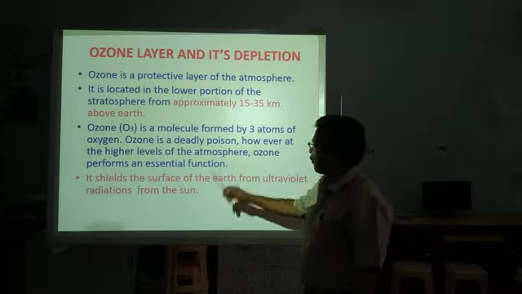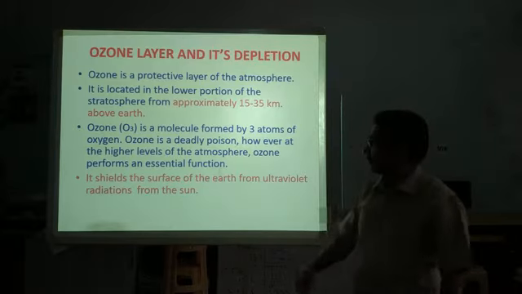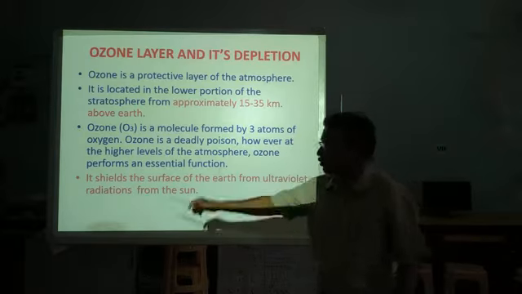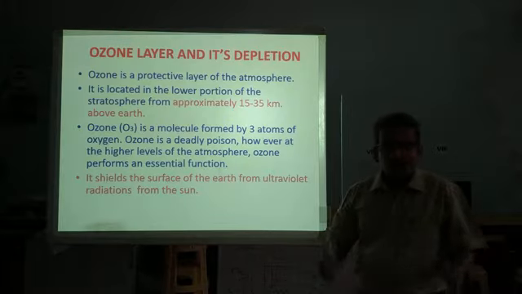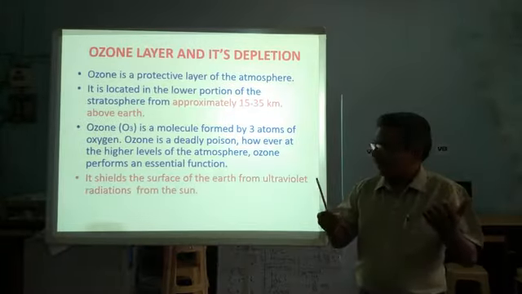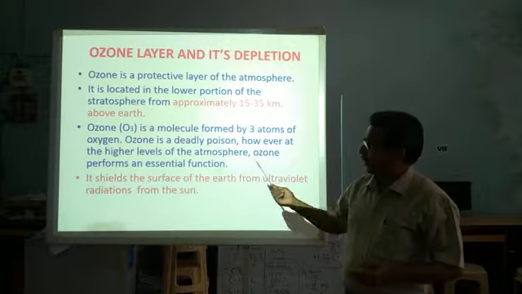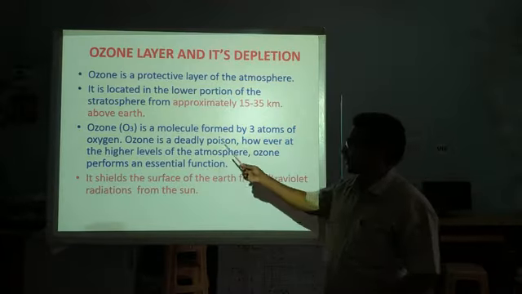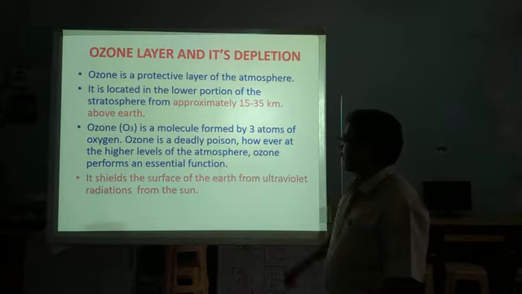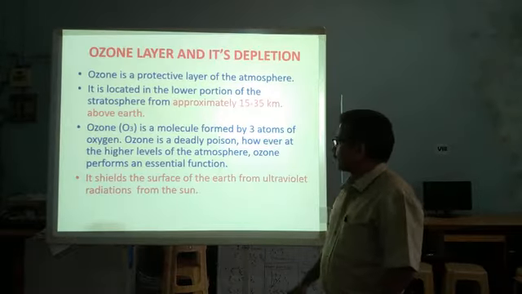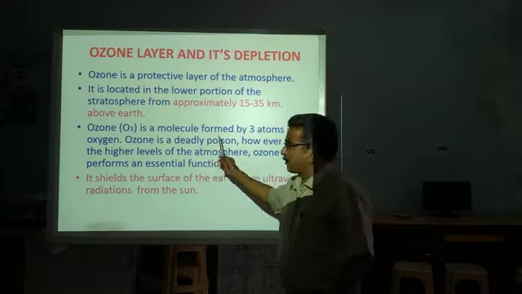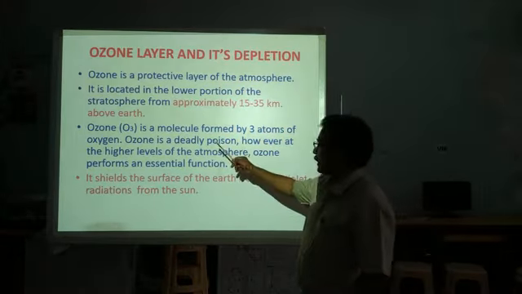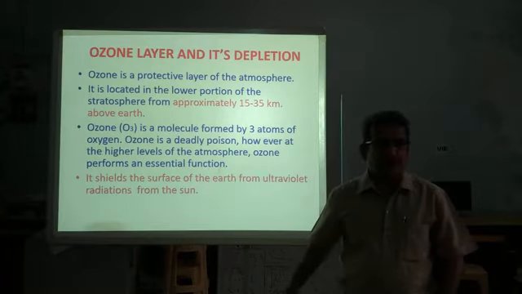And ozone is a chemical molecule which is formed by 3 atoms of oxygen. So it is a triatomic molecule. It is a molecule that is made up of 3 atoms. And as we have rightly said, ozone is deadly poisonous to organisms.